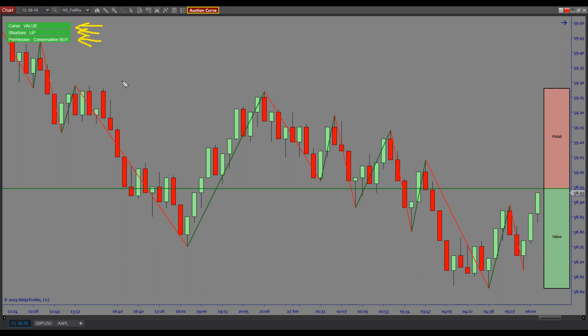It means you're in a conservative buying environment at cheap price levels. This means that as the market is cheap, we've made a structure reversal in value. That means buyers are controlling the market at cheap price levels.